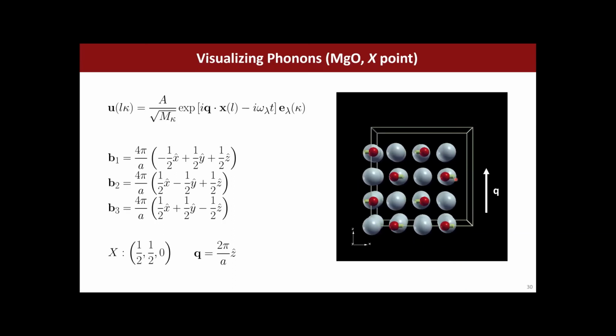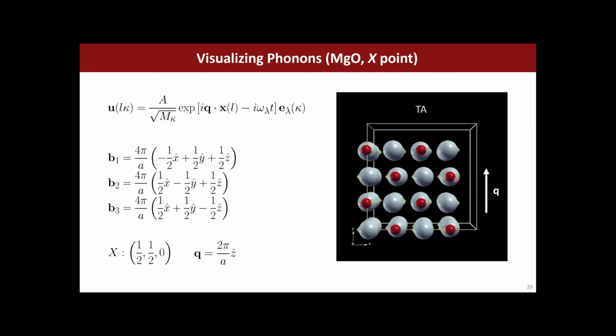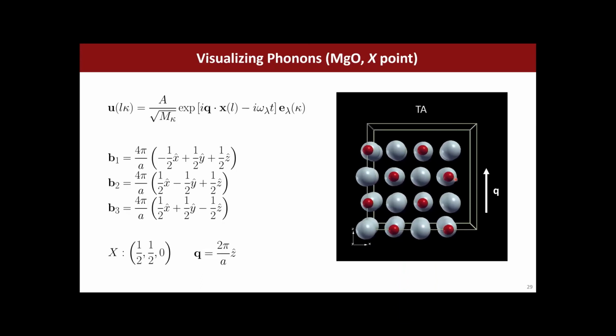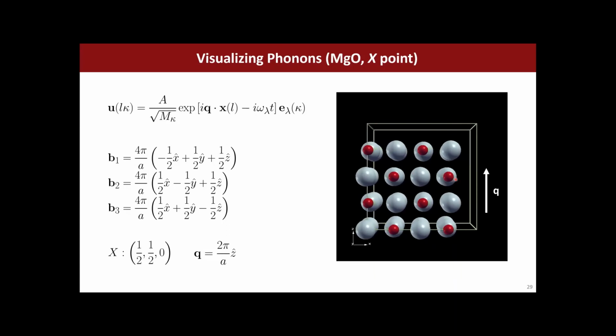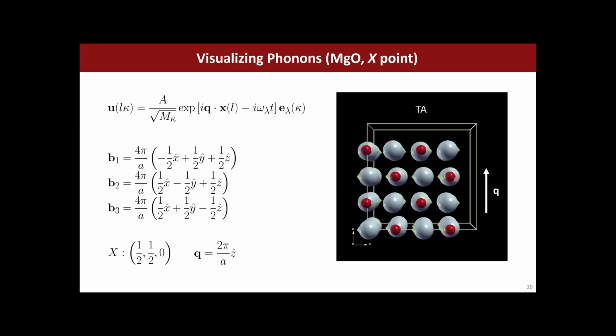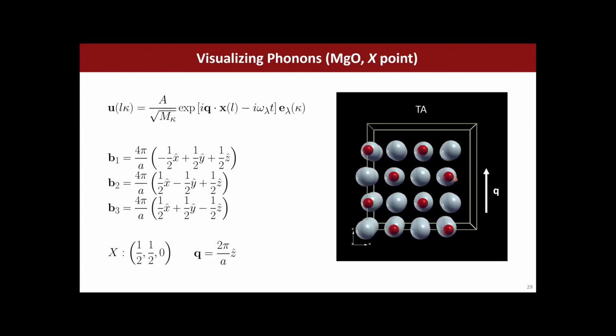Another thing that you notice, especially when you compare this with the one before, is that oxygen didn't oscillate quite as strongly for the TA and the LA mode, especially in the longitudinal acoustic mode. We see oxygen barely moving. If you recall the density of states, we saw that the lower frequencies are mostly occupied by magnesium, and the higher frequencies are mostly occupied by oxygen. That is reflected in the oscillation strengths of these different atoms.